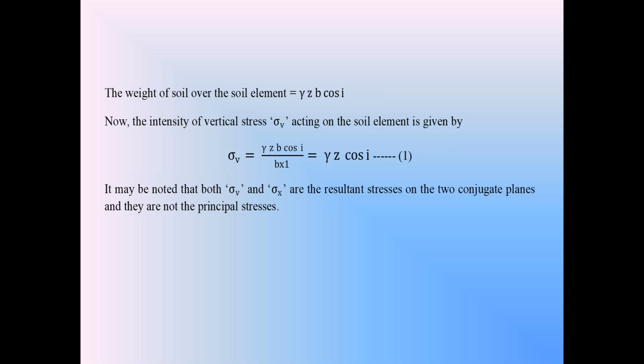Dear students, if anybody is having doubt about the derivation of this sigma V in this inclined backfill surface, please discuss with me. I explained the derivation of sigma V. Here sigma V is equal to gamma z cos i, whereas when the backfill surface is horizontal, sigma V is equal to only gamma into z.